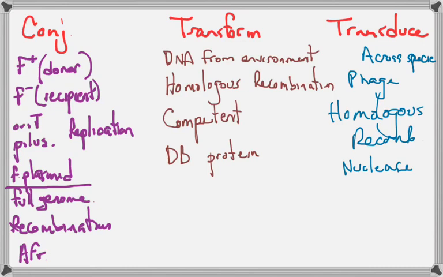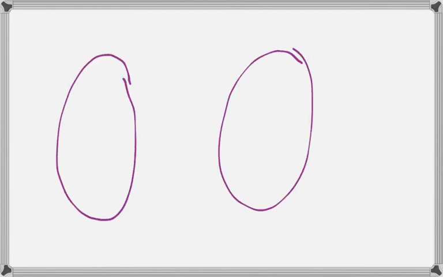All right, so back to the terms. Somebody walk me through this process. We've got 2 cells, a happy little couple. One is Mr. or Mrs. F plus. The other is Mr. or Mrs. F minus.